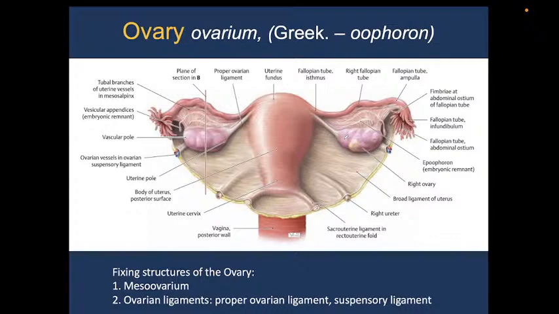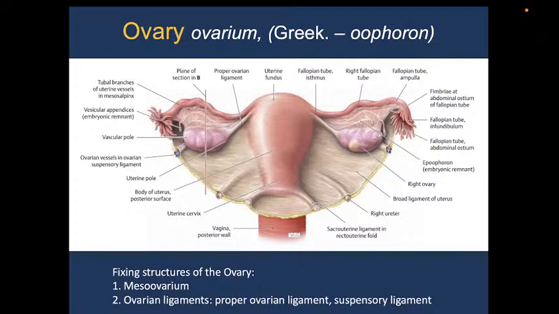So this is the only organ which is located inside the peritoneal cavity, but there is no peritoneal covering. It is just a small and thin epithelium covering, but that is not peritoneum.